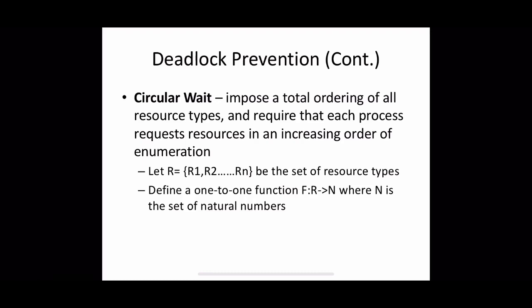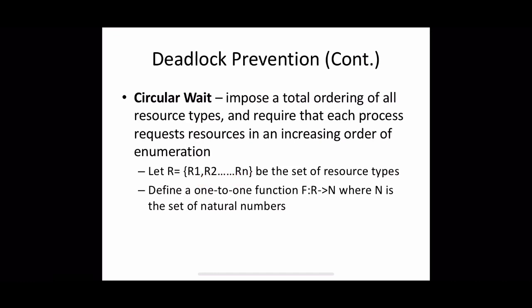For this we use a rule where we impose a total ordering of all the resource types and require that each process requests resources in an increasing order of enumeration. We can see it in detail. Suppose the set of all the resource types is denoted by R, which is equal to R1, R2, etc. Rn. Each Ri is a resource type.